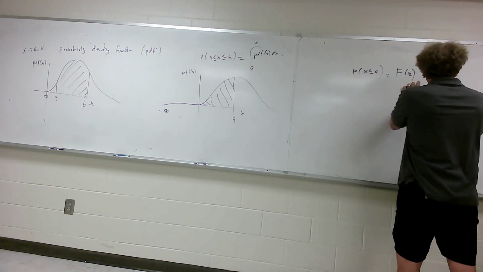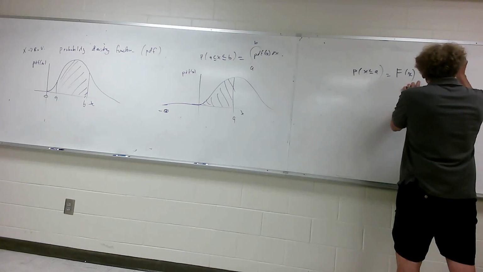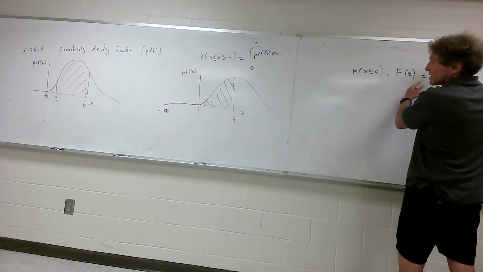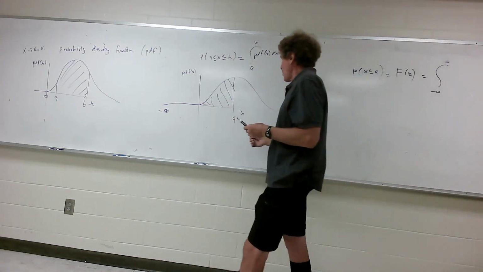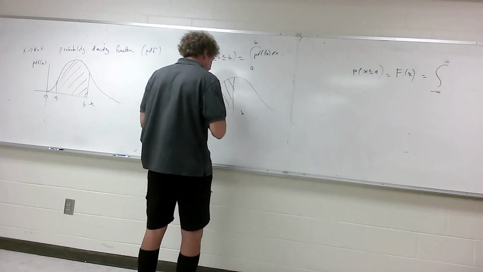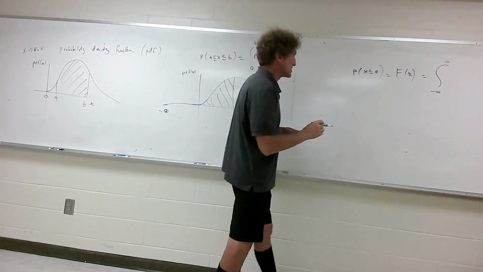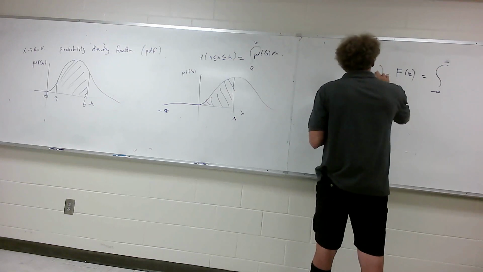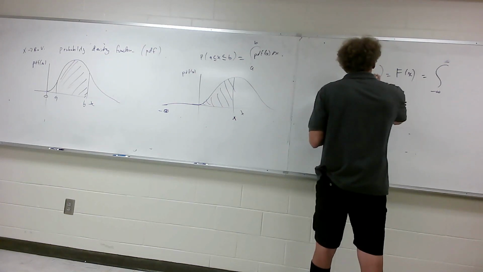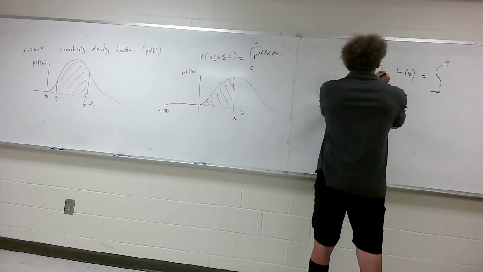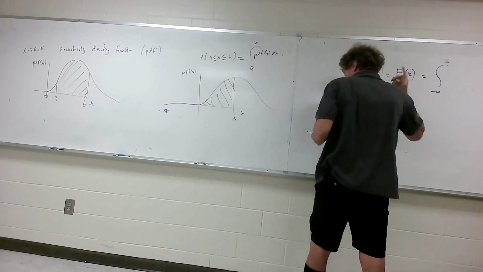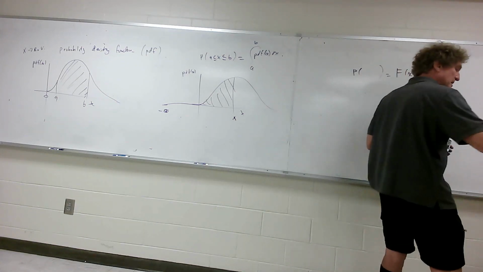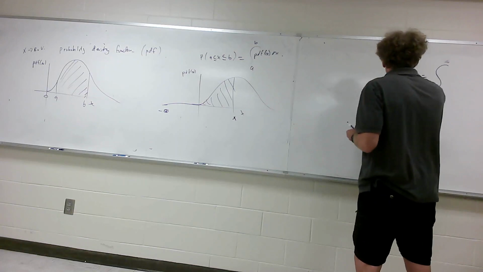And that is equal to the integral from minus infinity to, and instead of a, I'm going to call this value x, because that's how he's going to do it. It's called a distribution function right here, because he has an f of x.